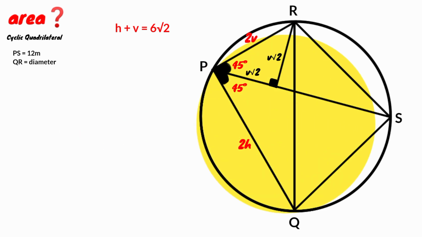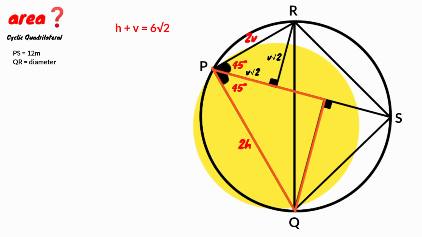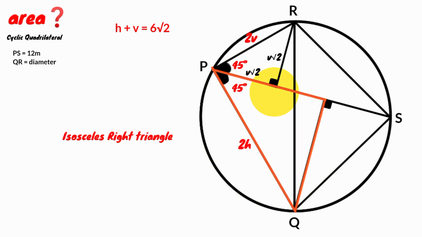Come here too, from vertex Q, construct a perpendicular to line PS. Look at this triangle. It is a right angle triangle and it has an angle 45 degrees. That makes it an isosceles right angle triangle. So this side and this are equal. If we let this be T, this must also be T. This is the hypotenuse of the triangle.